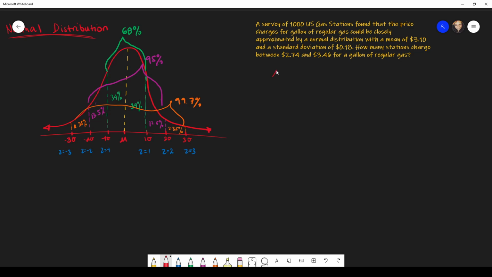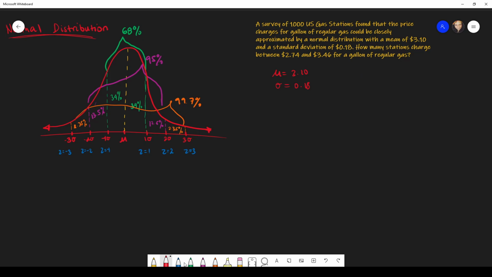We have the mean equal to 3.10 US dollars, and the standard deviation is also given at 0.18 US dollars. Now, through the empirical rule, we don't really need to solve for the z-score anymore. Just through the empirical rule, we could already find out the answer to this problem: how many stations charge between 2.74 and 3.46 US dollars?